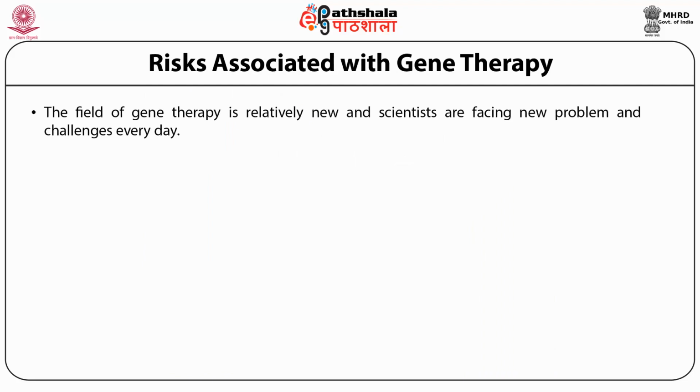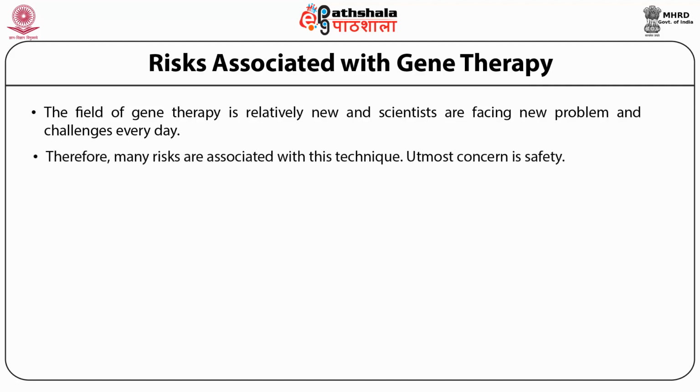The field of gene therapy is relatively new and scientists are facing new problems and challenges every day. Therefore, many risks are associated with this technique, and the utmost concern is safety. The first risk associated with gene therapy is lack of long-term expression of the therapeutic gene.